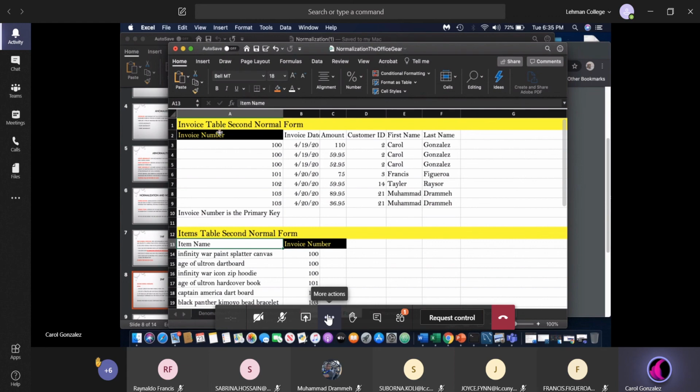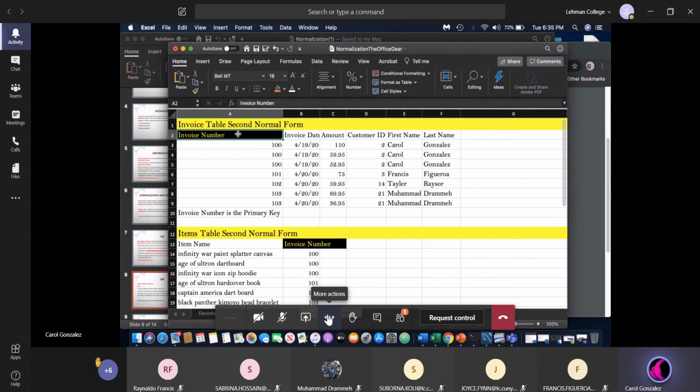We said invoice number was your primary key, but the item name is not dependent on the invoice number, which means that these two don't have to be together, because the item name can still exist. That's what it means to be not dependent. It can still exist without the invoice number.